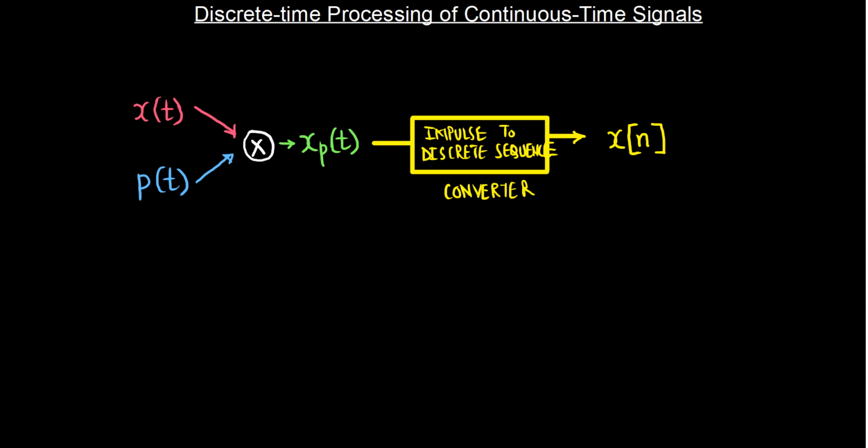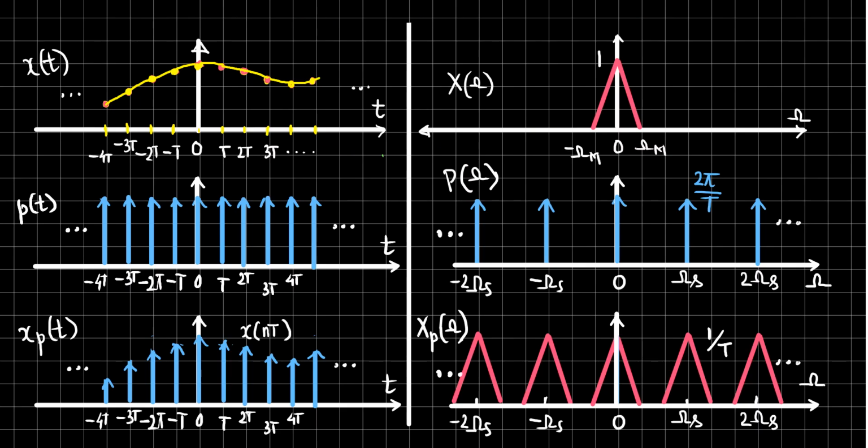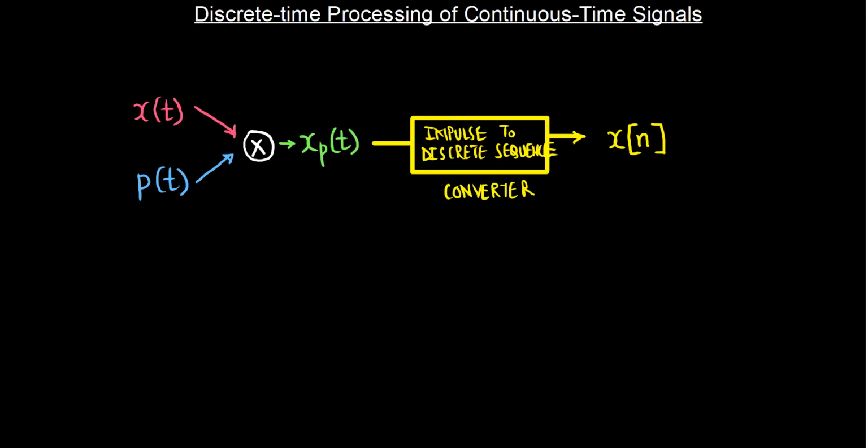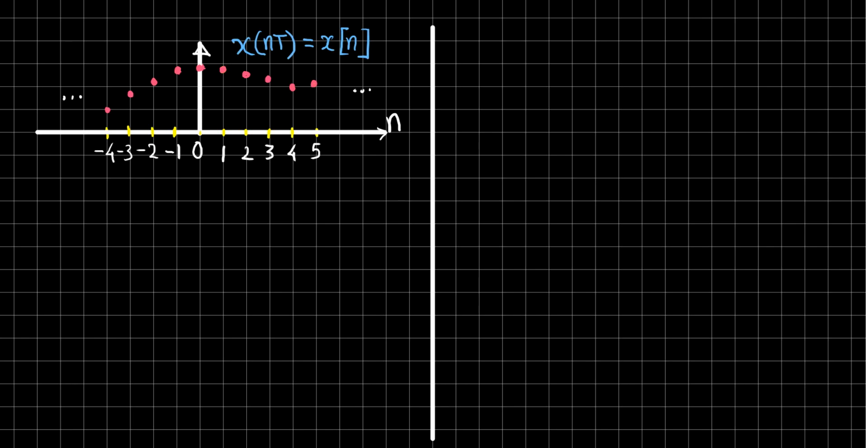So assume that we have a device that can retain only the amplitudes, that is x of nT, the values of the signal at those locations, and save them one after the other like this. So these are the amplitudes of the signal at those locations being saved one after the other, so we get a kind of sequence.